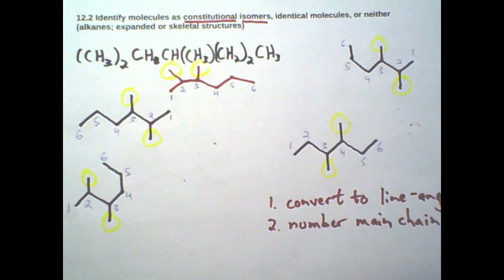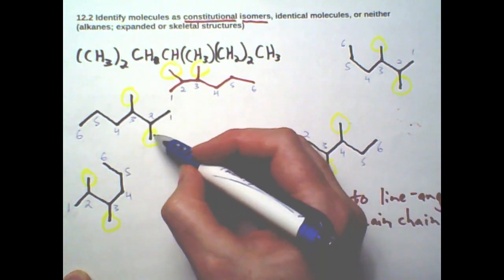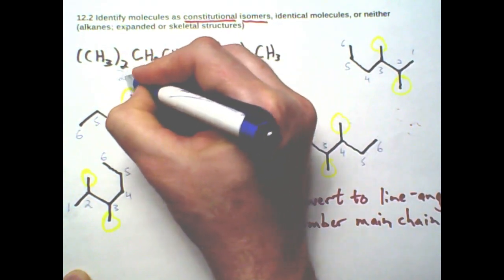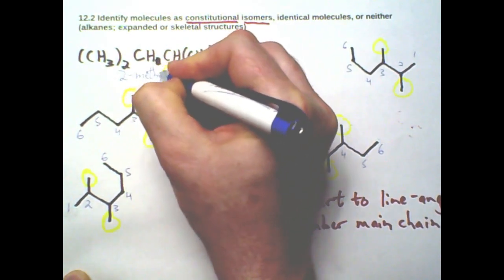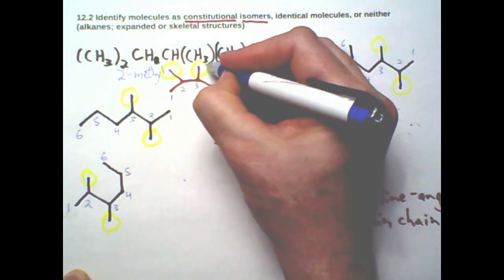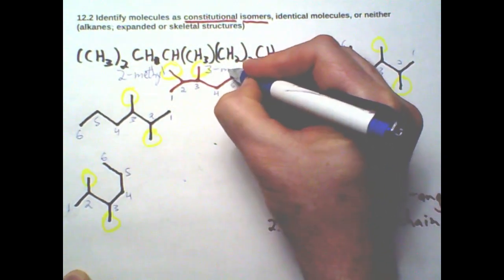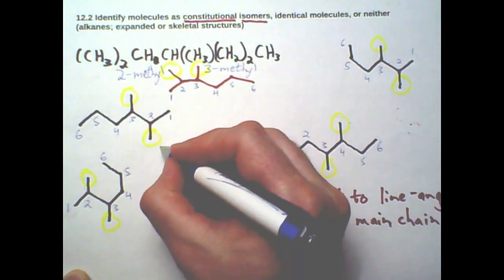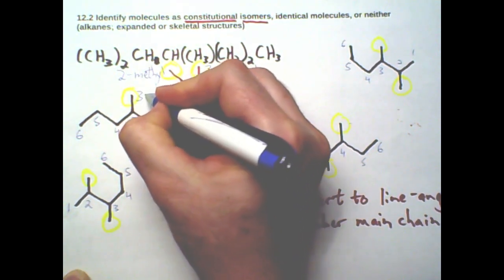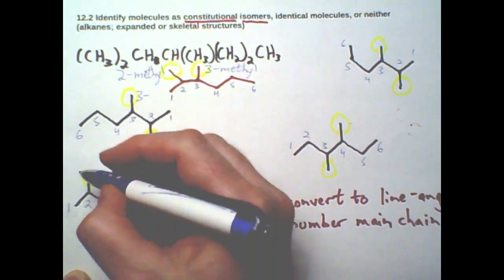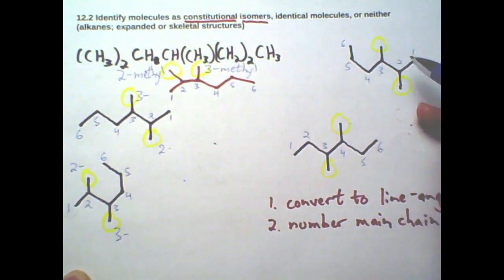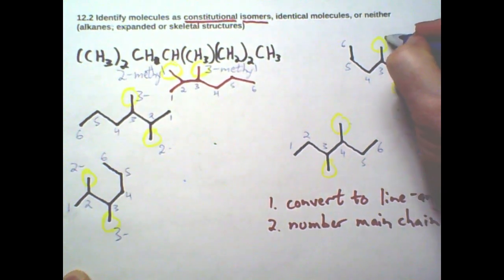So they're identical now if the numbering for the methyl groups is the same. So this one here, I go to 2, that's 2-methyl. And this one would be 3-methyl. I can go here, 2-methyl, 3-methyl, here, 2-methyl, 3-methyl. Go up to this one, 2-methyl, 3-methyl.